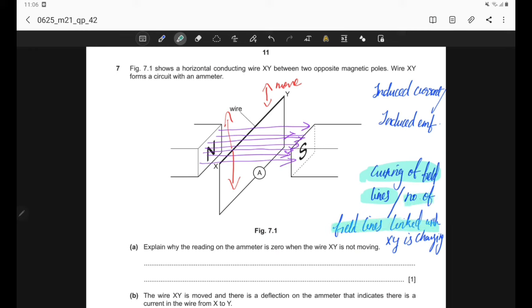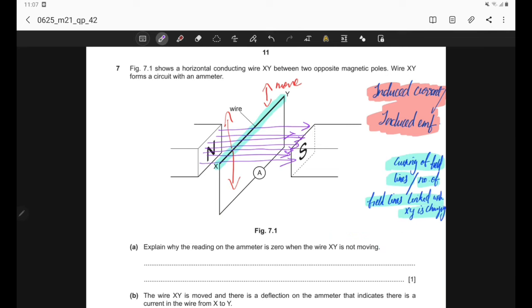In this case there will be an induced current flowing through the wire XY. This is a very important concept about electromagnetic induction, or induced current. In order to generate an induced current in a wire, this condition has to be satisfied: the number of field lines linked with the wire should keep changing.